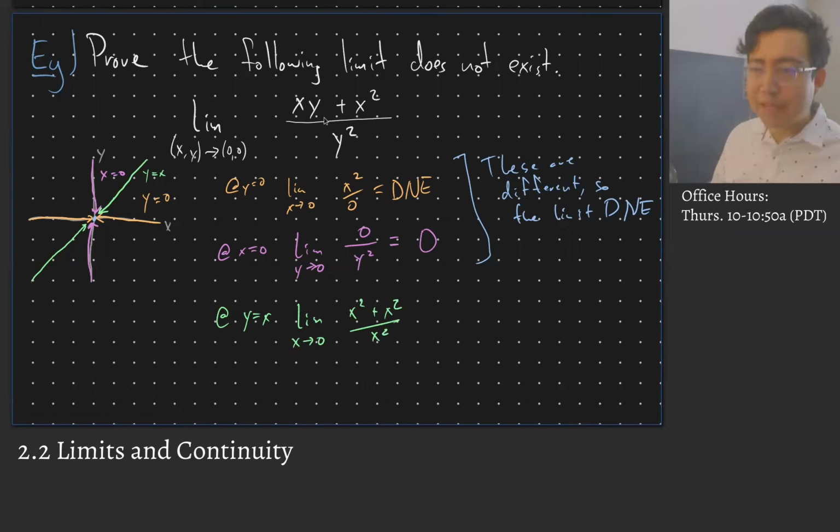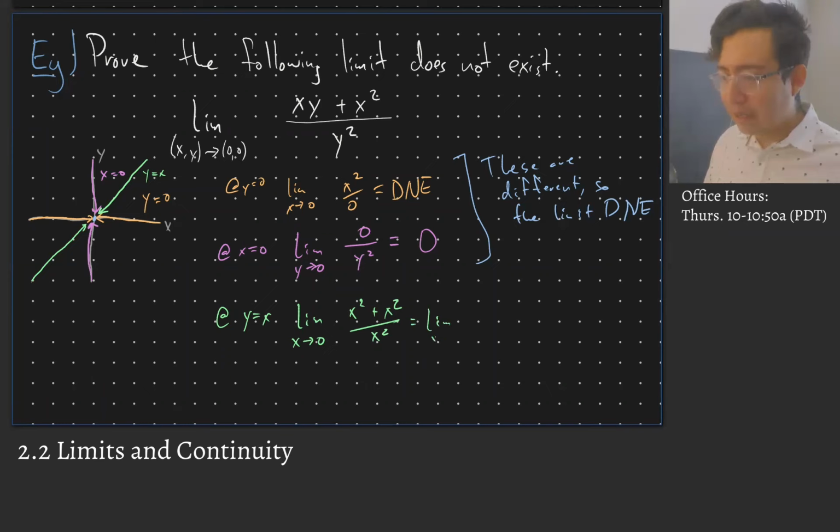All of the y's became x's, so you get x times x, which is just x squared, plus x squared, divided by this y becomes an x, so it becomes x squared. So then this is the limit as x goes to 0 of 2x squared over x squared, which is 2, right? The x squareds cancel and you just get a 2.